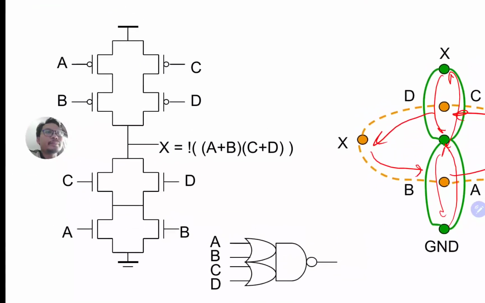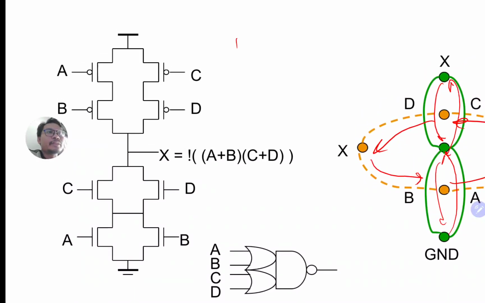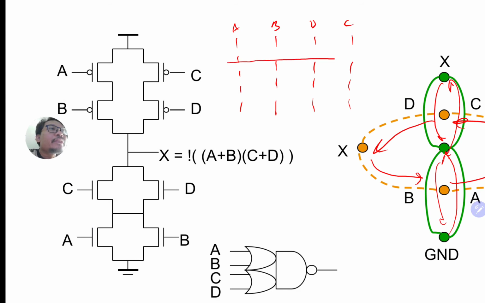Let's do through here. Okay, so if you have to draw, so it's ABDC. So we have the diffusion. Let's put the diffusion like this.